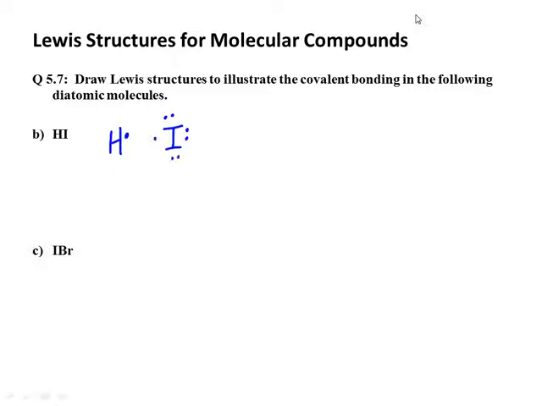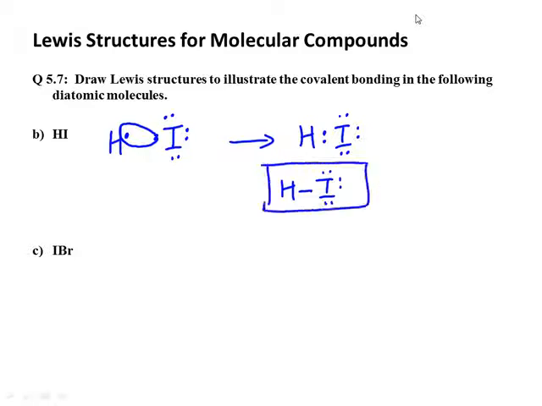So if they decide to share their electrons so as to make a compound, they pool, in other words, H and I. There is one pair of shared electrons, and then iodine also retains its 3 non-bonded pairs of electrons. So in this case, the Lewis dot structure will be HI with 6 valence electrons on the iodine.